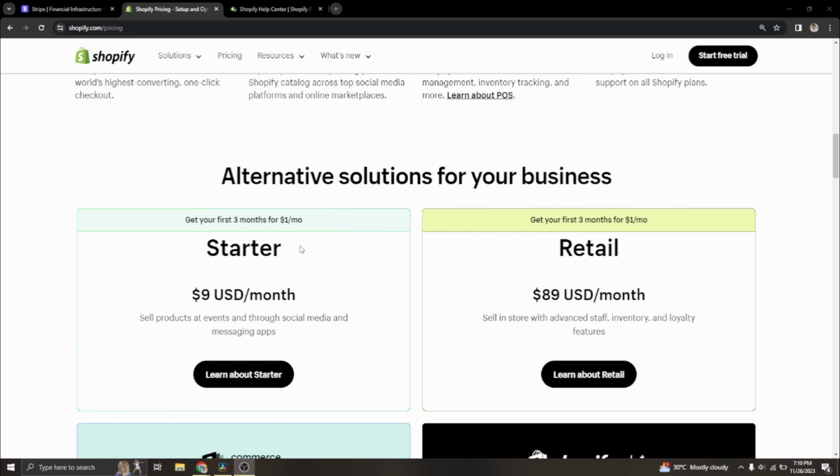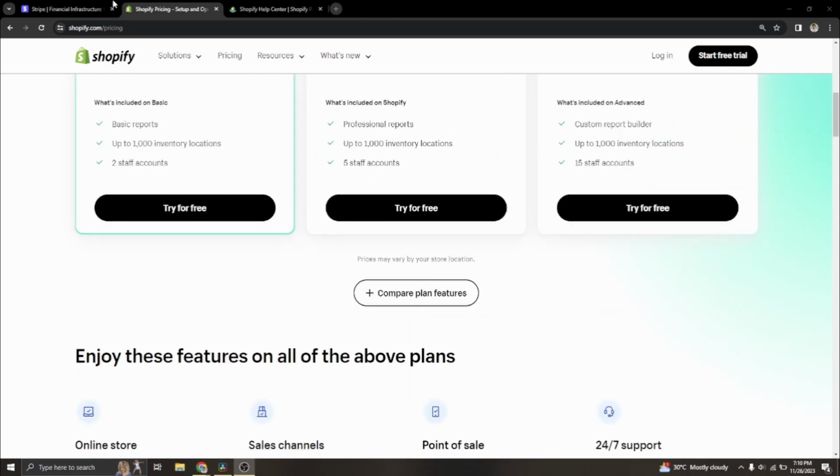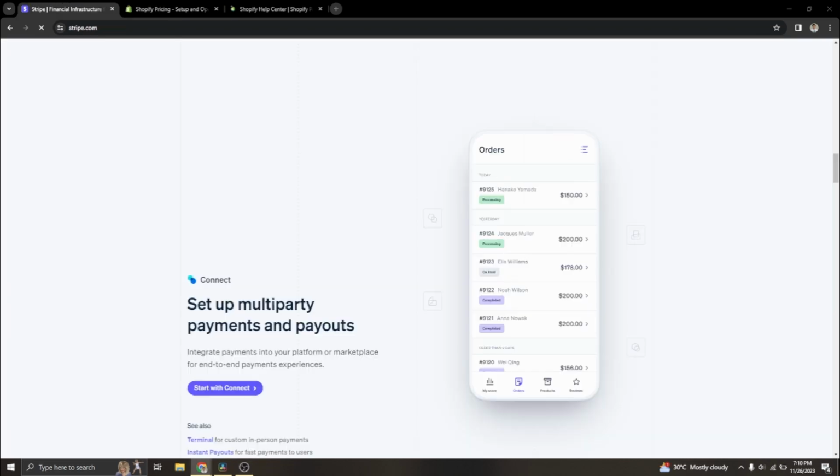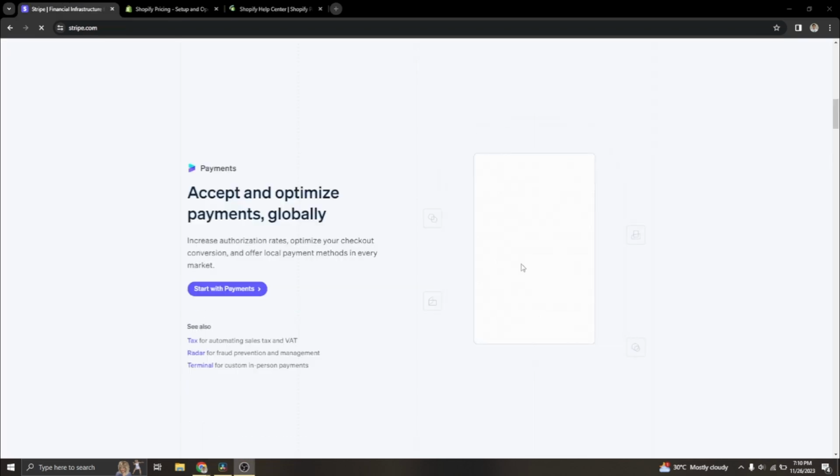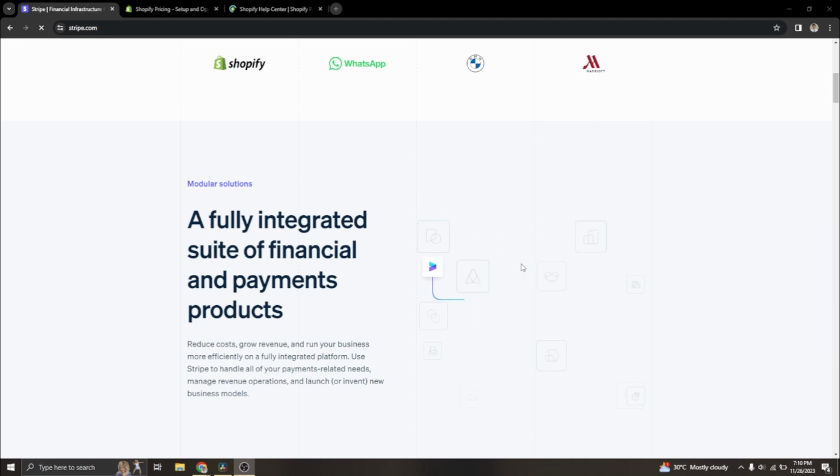For the answer you're actually looking for, which is the best payment platform, for me it's Stripe. Even if it is a third party, it is still available to other types of online shopping platforms.